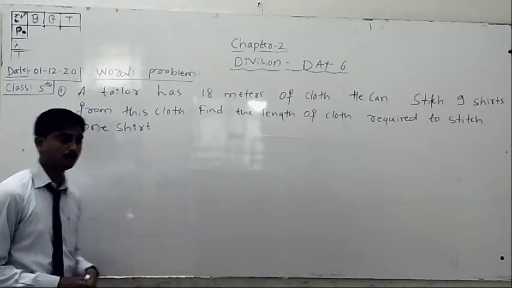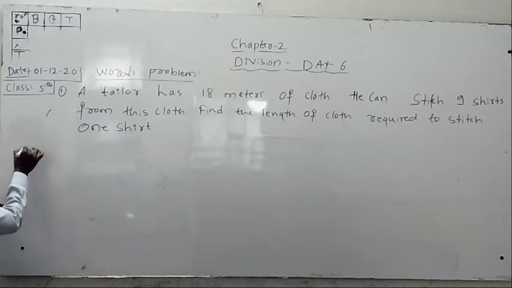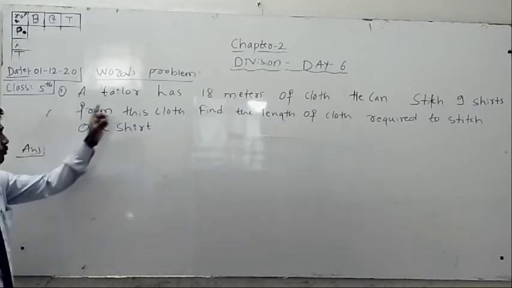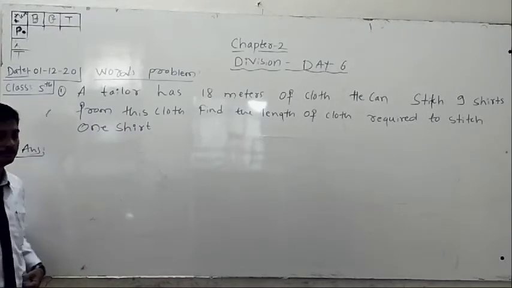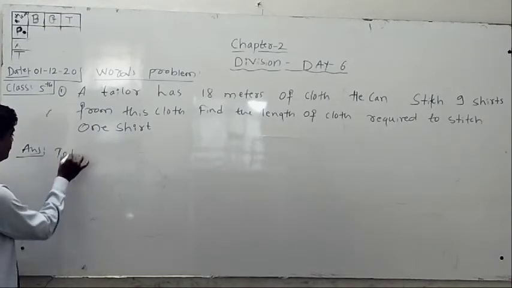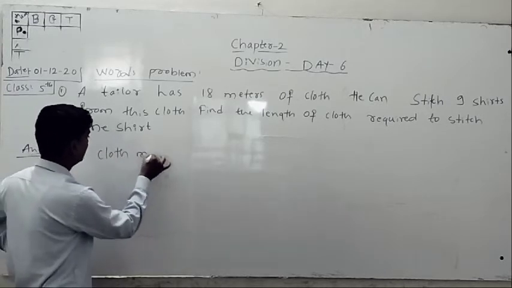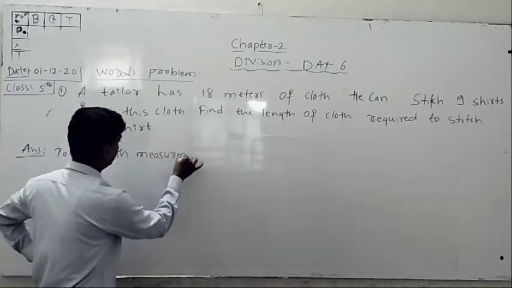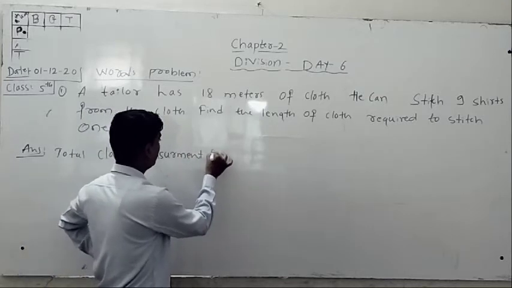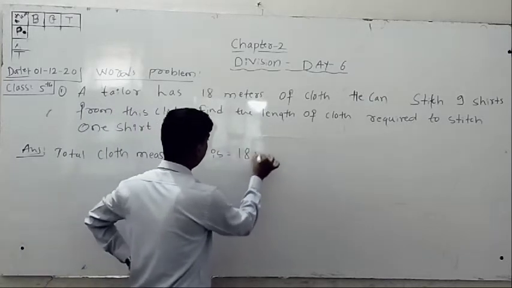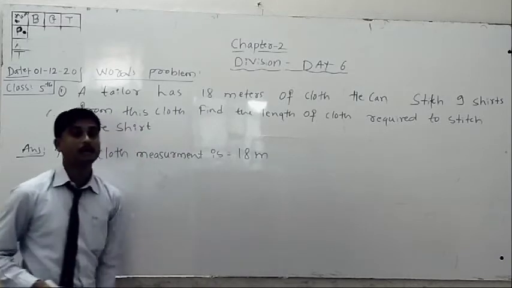That one you should find out. Answer. First write what is given in the statement. Total cloth measurement is 18 meter. M means meter.